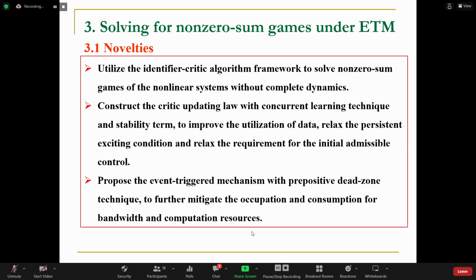Then we construct the critic update law with the concurrent learning technique and a stability term to improve the utilization of data, relax the persistent excitation condition, and relax the requirement for initial admissible control. Finally, we propose the event-triggered mechanism with the pre-positive dead zone technique to further mitigate the occupation and the consumption of bandwidth and computation resources.